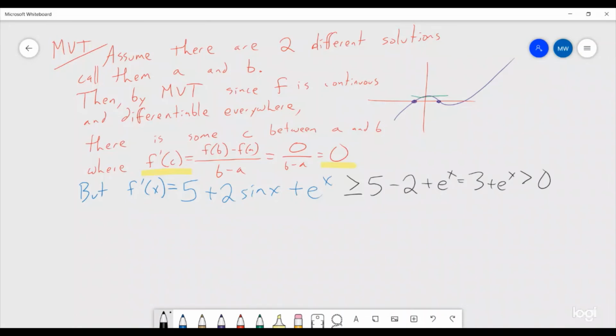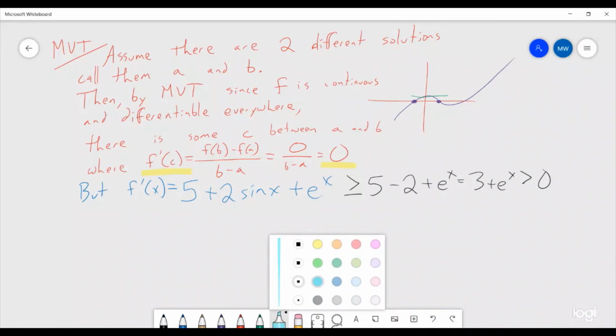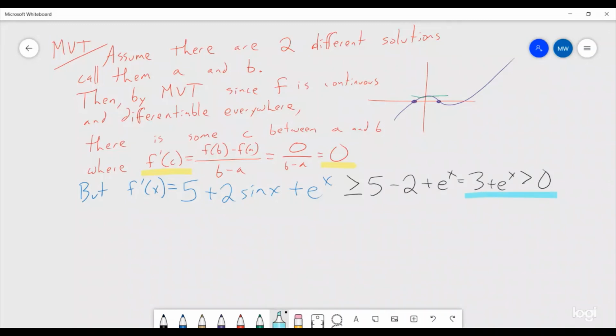So what are we supposed to do about this? We got the derivative is always bigger than 0, but supposedly there's somewhere where the derivative is equal to 0. We just say, this is a contradiction because we have two different things that can't both be true.